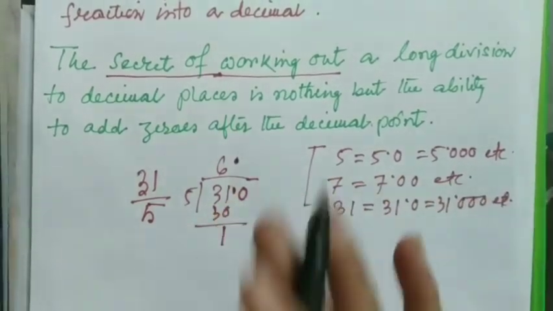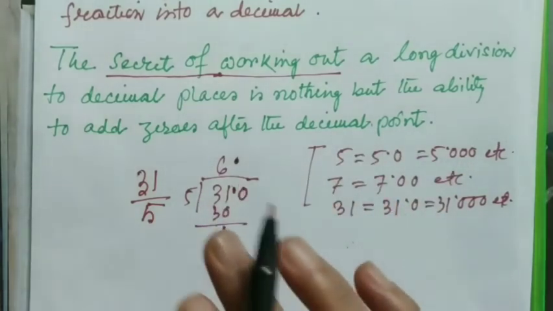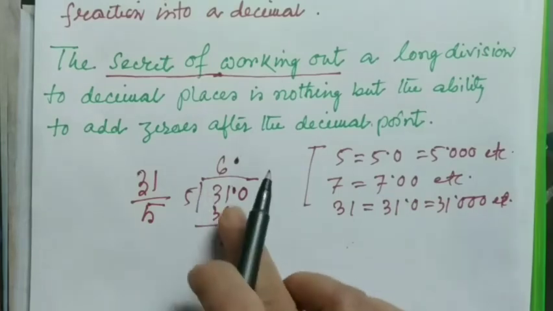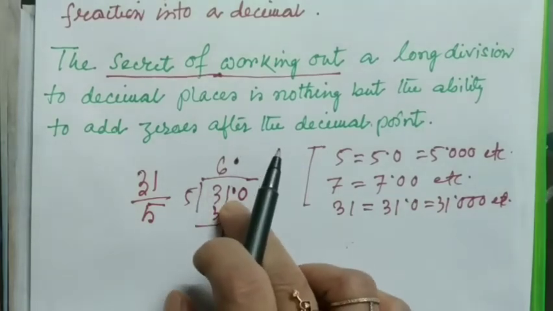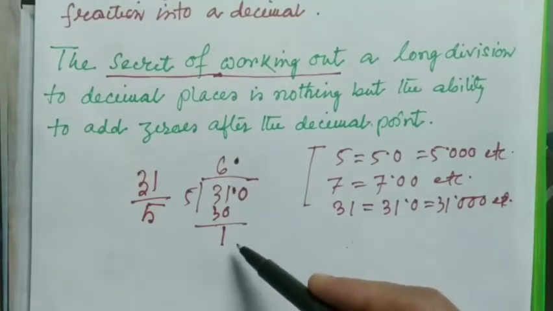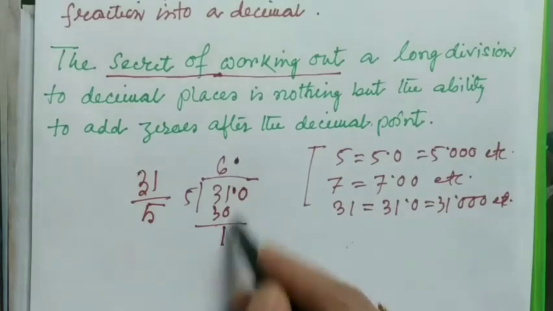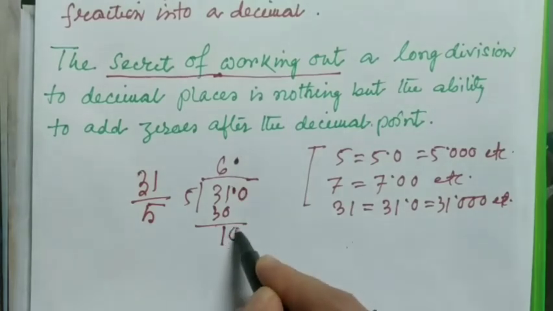Now we can just add the zeros on the right hand side of this decimal point and bring them down as long as there are remainders coming out. So here I am bringing down 1 0.